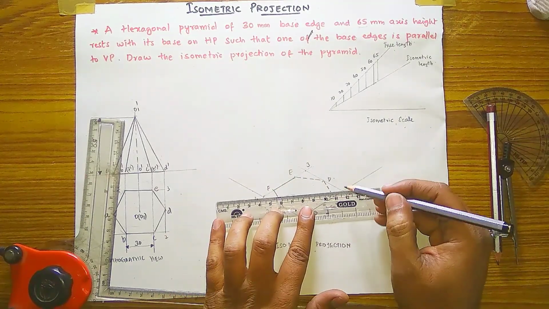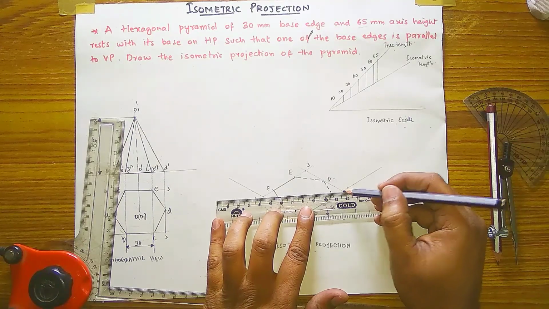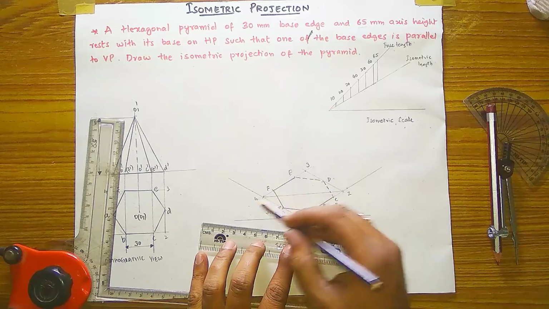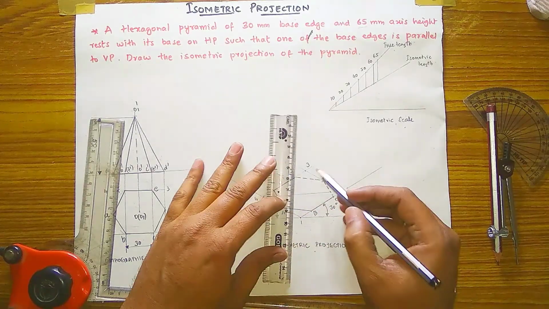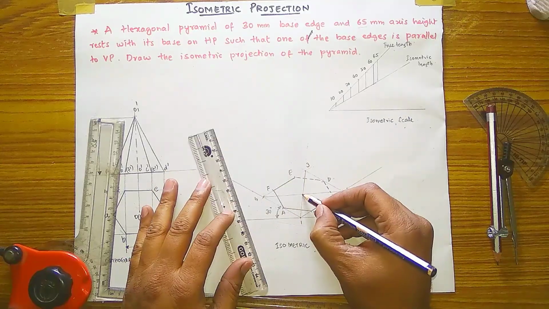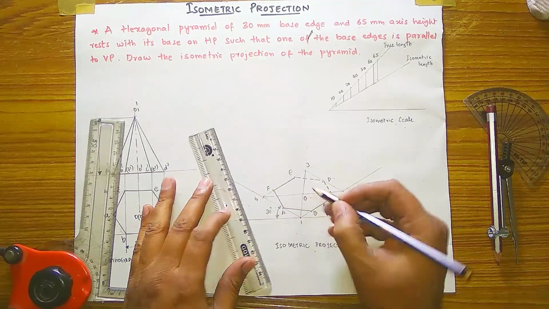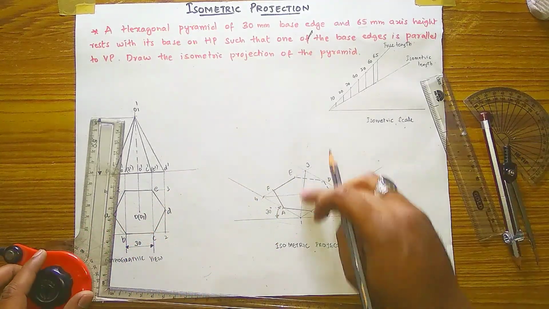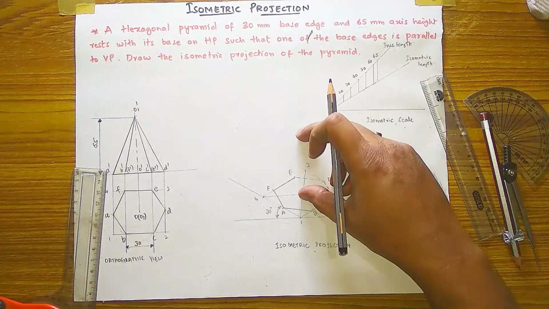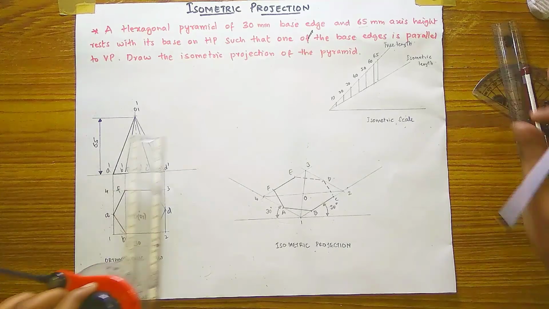And then you have to remove the origin of this hexagon by joining these 2 and 4 point and 1 and 3. And this origin O you have removed, and the axis height is how much? 65, but this length we have to take that much in the isometric projection.